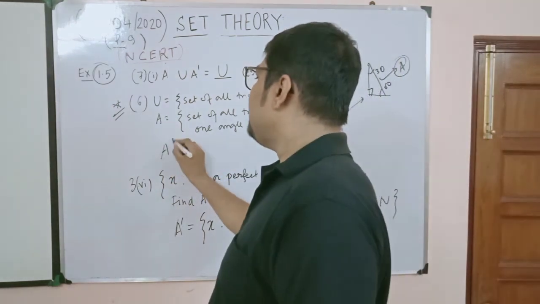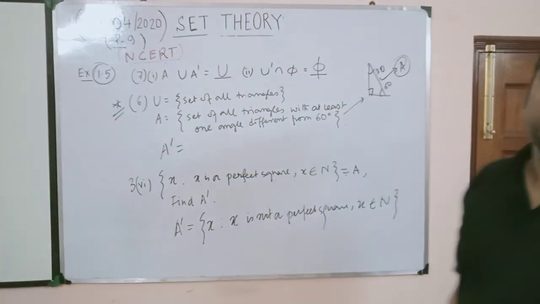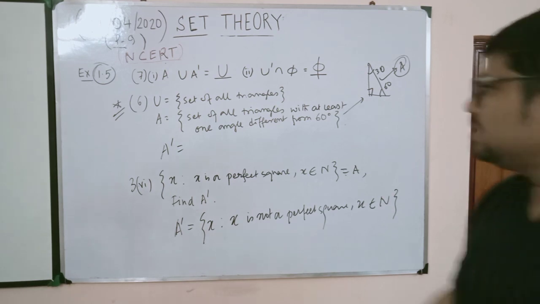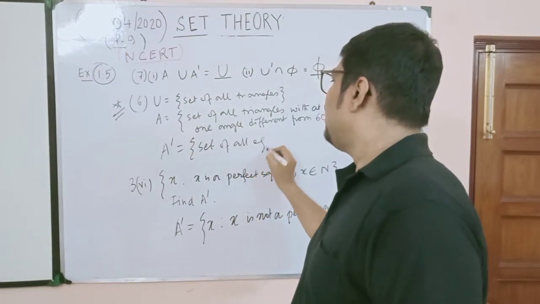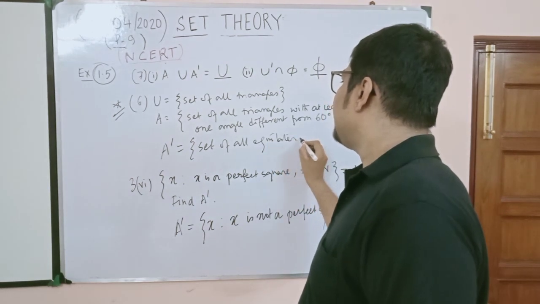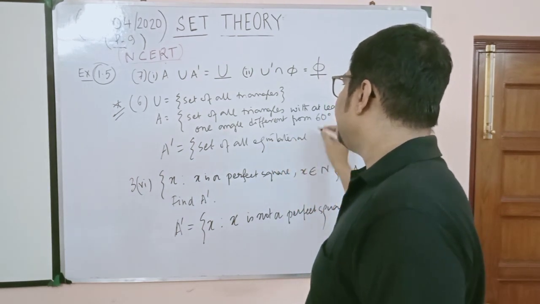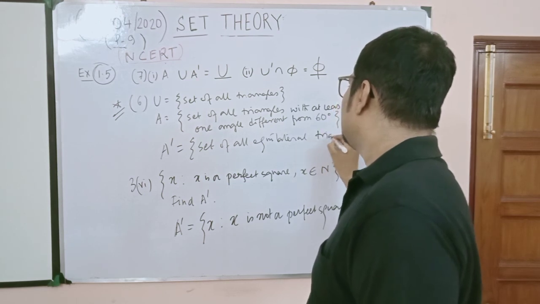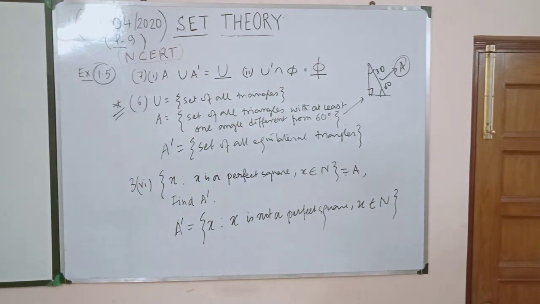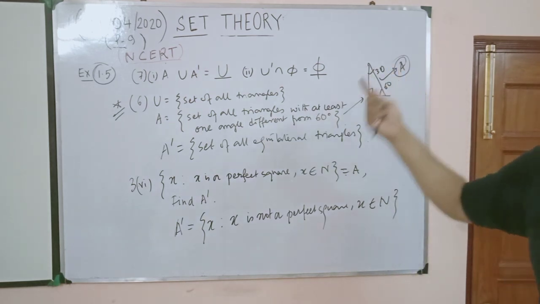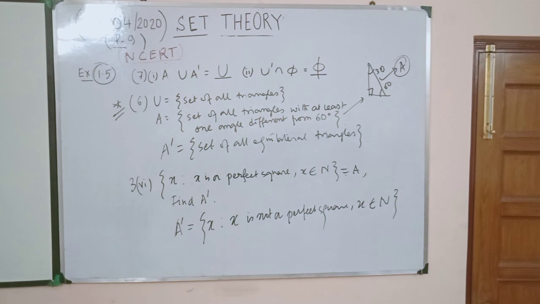A dash will be the set of all equilateral triangles in that particular plane. Why so? Because you see here one angle or many angles are different from 60 degrees, but if all angles are equal to 60 degrees, that will not be considered in A. So that will be in A dash.